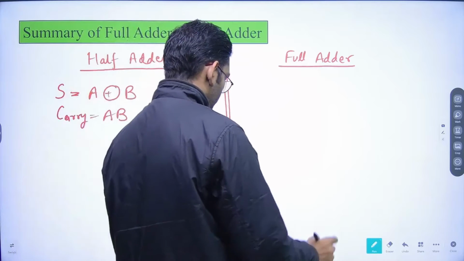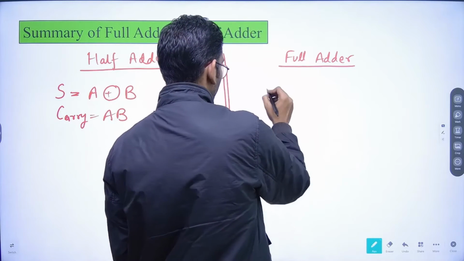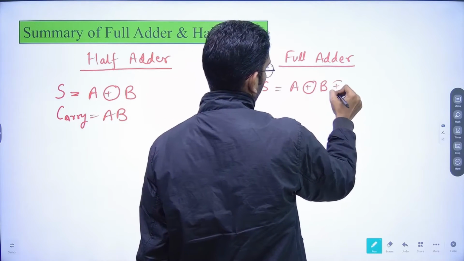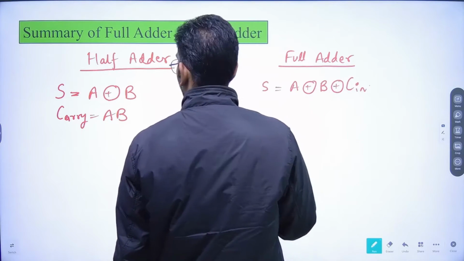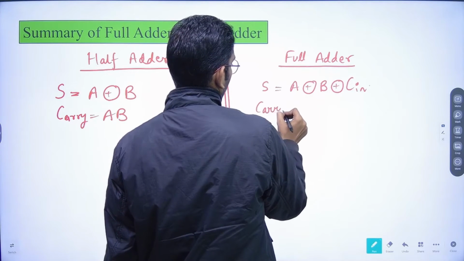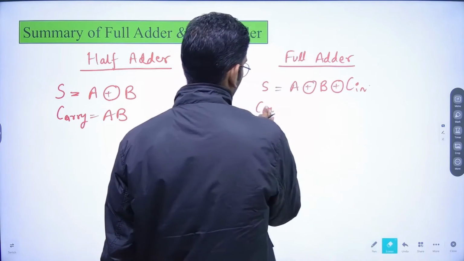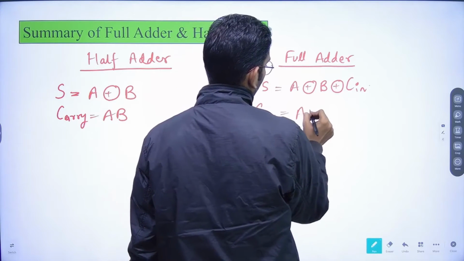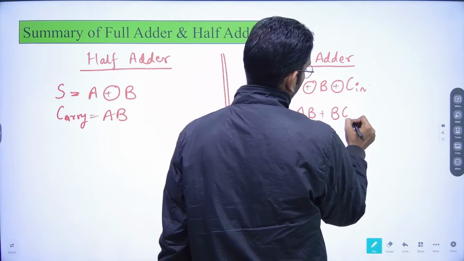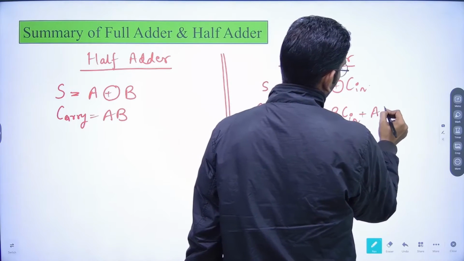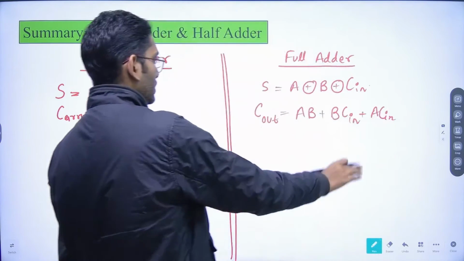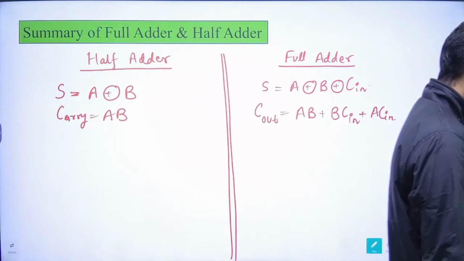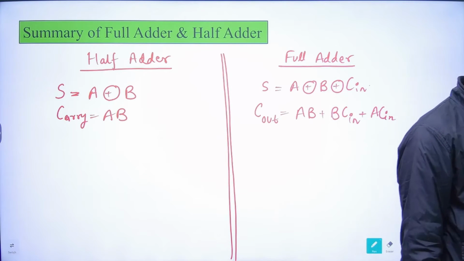In case of the full adder, sum is A XOR B XOR C in, and carry, or you can say C out, is equal to AB plus B C in plus A C in. This is the basic equation of the full adder.